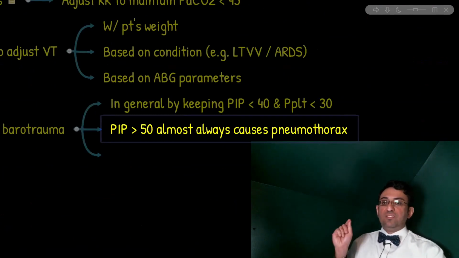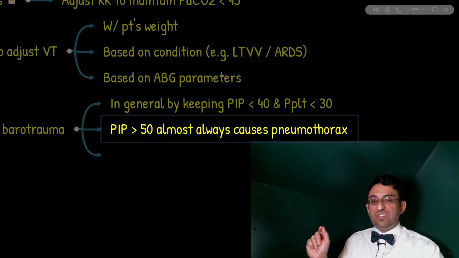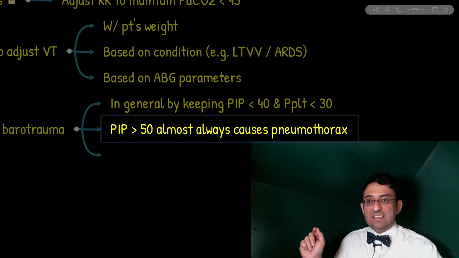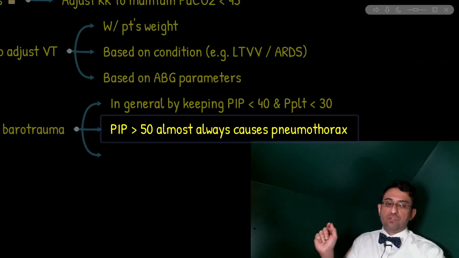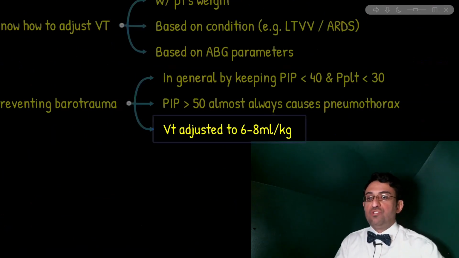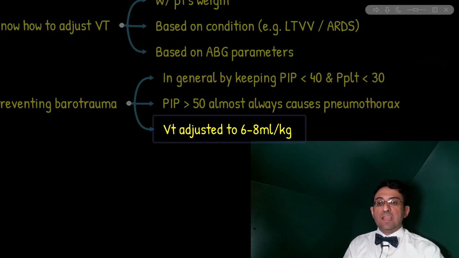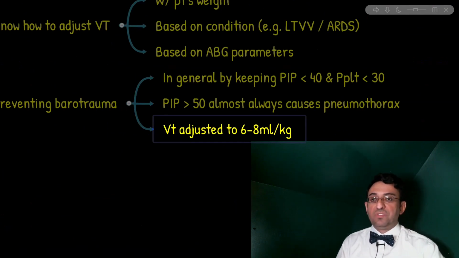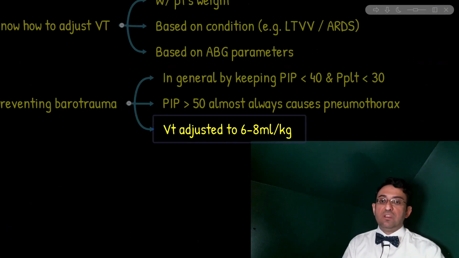If you are asked what is the most important index associated with barotrauma, that is PIP, peak airway pressure or peak inspiratory pressure. What's the secondary index to adjust to avoid barotrauma? Tidal volume, and we again aim at a tidal volume of 6 to 8 milliliter per kg, not more.